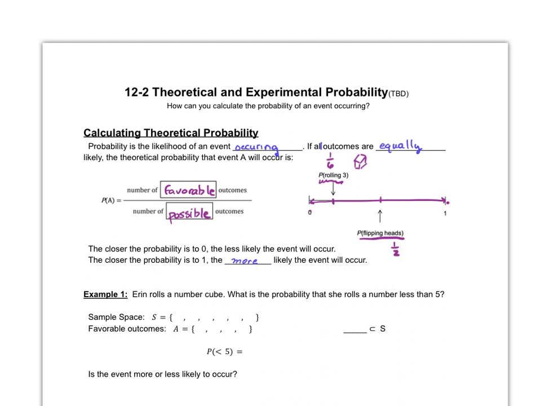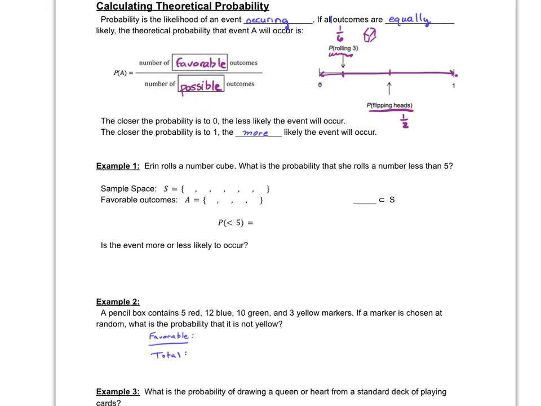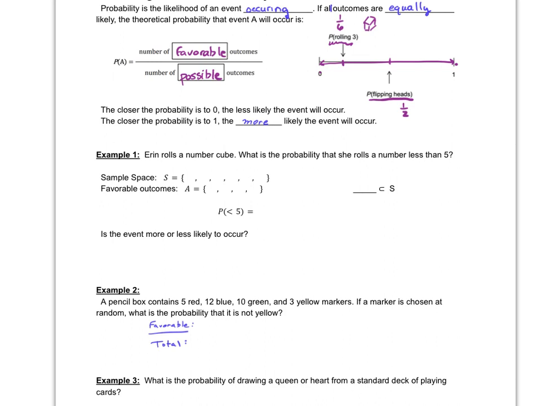So as we look at example number 1, Erin rolls a number cube. What is the probability that she rolls a number less than 5? Well, the sample space, so the number of possible outcomes, she could roll a 1, 2, 3, 4, 5, or 6 on a 6-sided number cube, right? The favorable outcomes, we're looking at the probability that she rolls less than a 5.